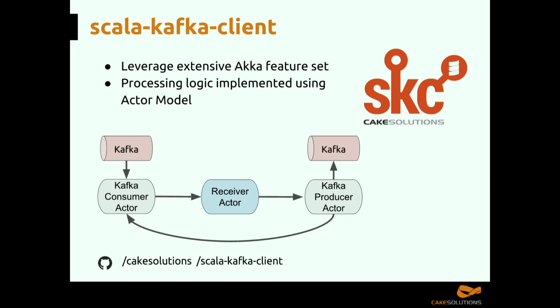Here, on the left-hand side, we have the Kafka consumer actor consuming from Kafka, sending it on to a receiver actor, which can be of any sort of complexity. Finally, after the processing has been done, it produces some data to the Kafka producer actor, which then will confirm the delivery back to the consumer actor, which will optionally commit the offsets back to Kafka. Thus, you can pull in more data.